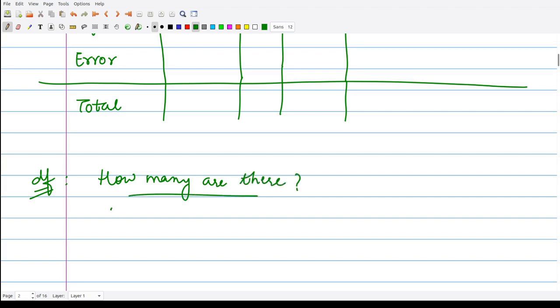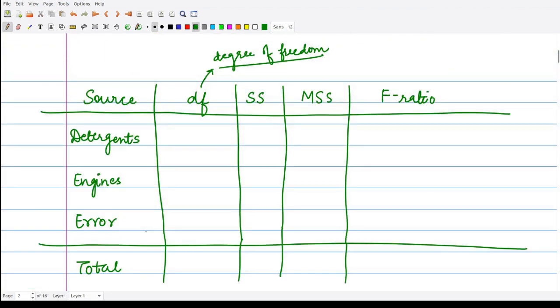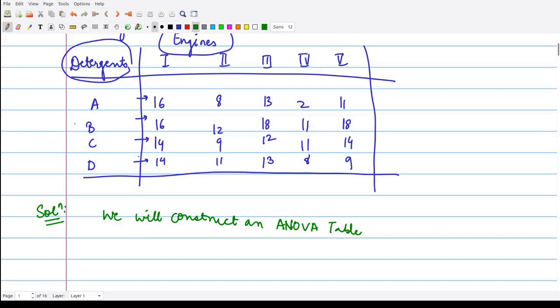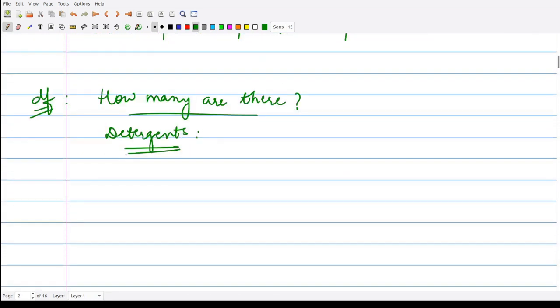For detergents, how many detergents are there? They are in total 4, A, B, C and D. So we have 4 detergents. Therefore, its degree of freedom would be 4 minus 1. So we have 3 as the degree of freedom here.